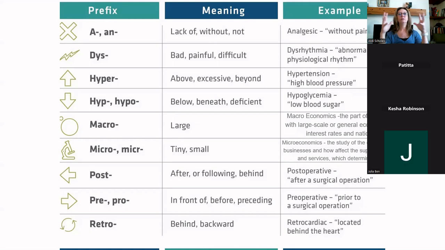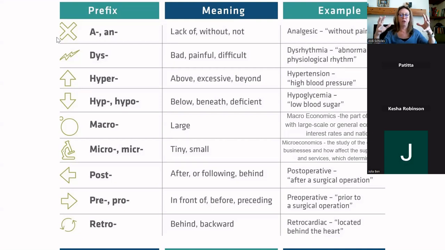Macro, big. Macroeconomics doesn't have to do with body work, but it gives you macro and micro. Macro, big. The part of economics concerned with large scales, big economic factors, like the interest rate in the US or how much national productivity. They call it GNP, gross national product. How much is the US producing? That's macro, big.